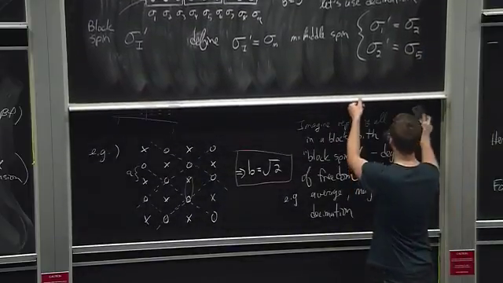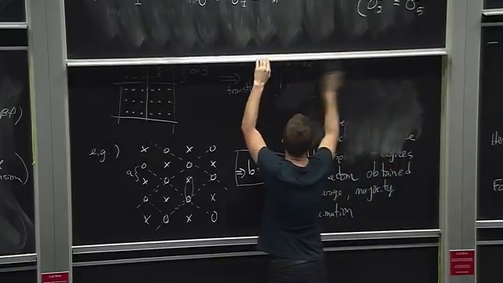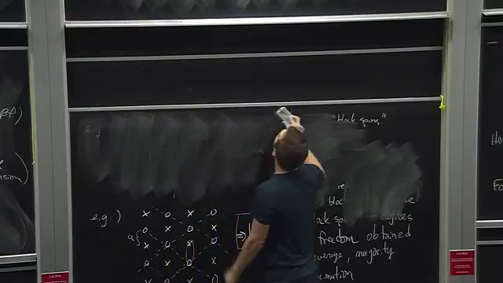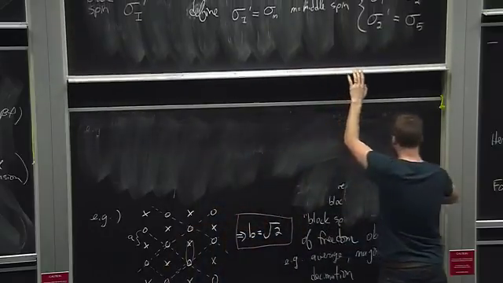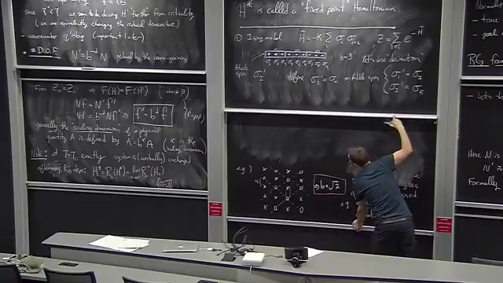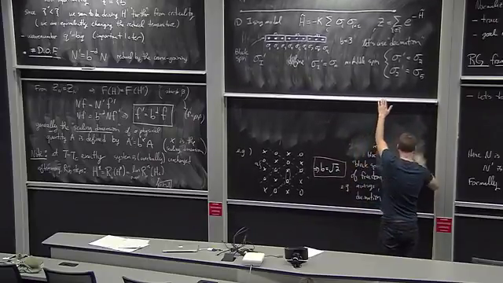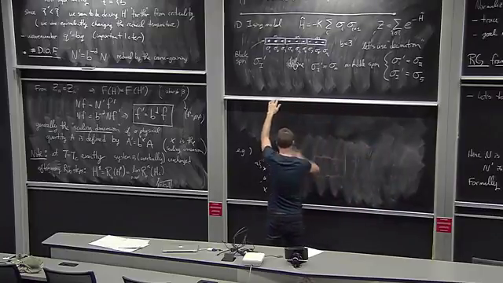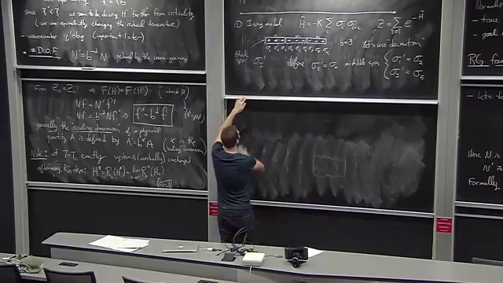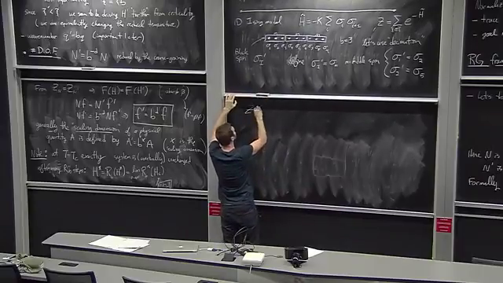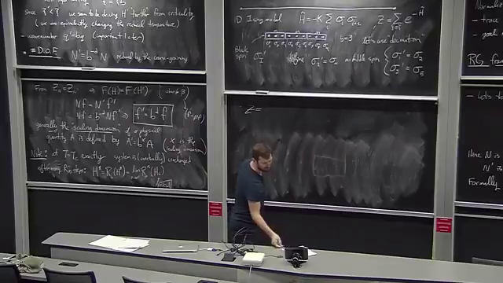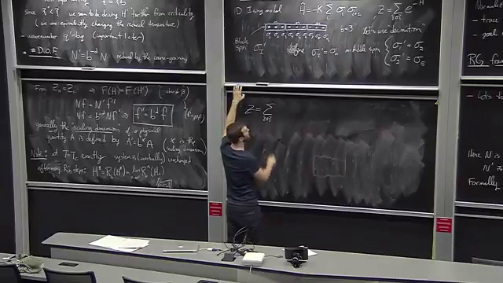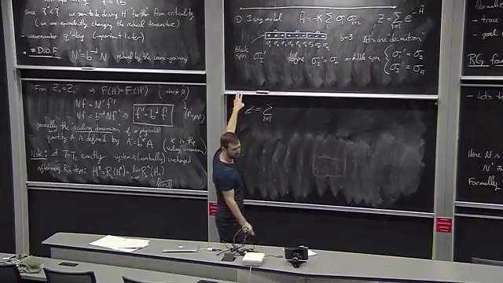So how do we do this? Trace. Define a partition function. Okay, so let me write it like this. Sum over all spins. Okay, so I have that Hamiltonian.